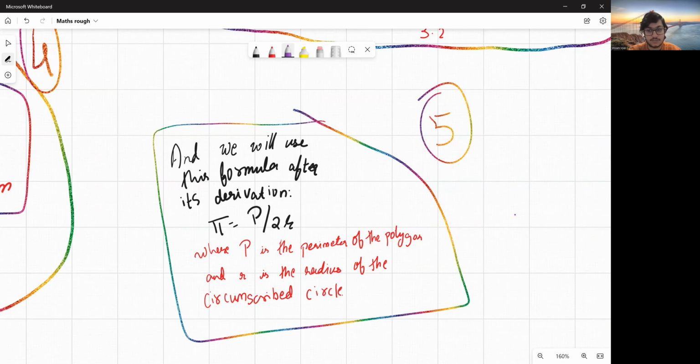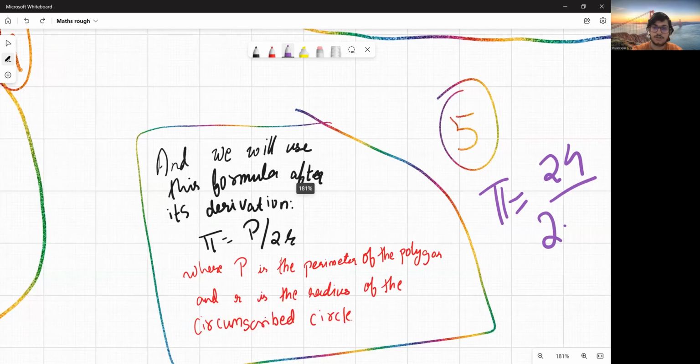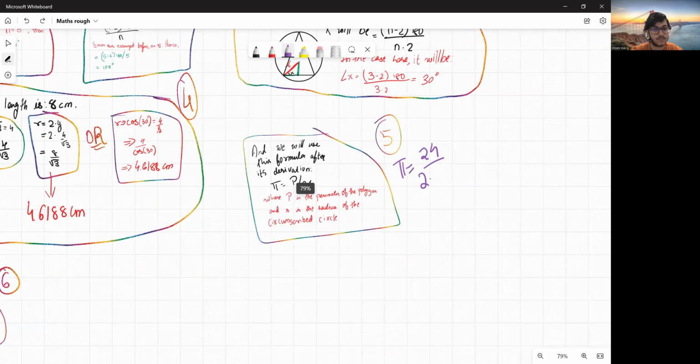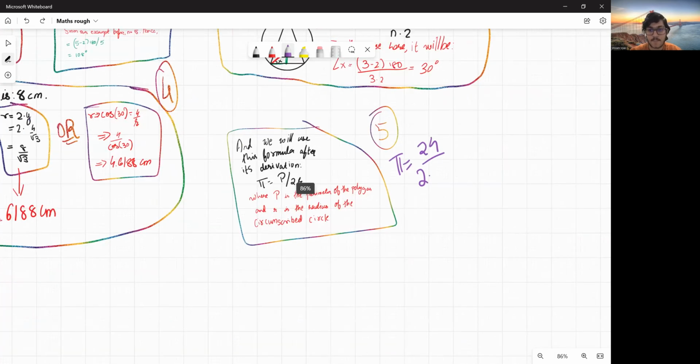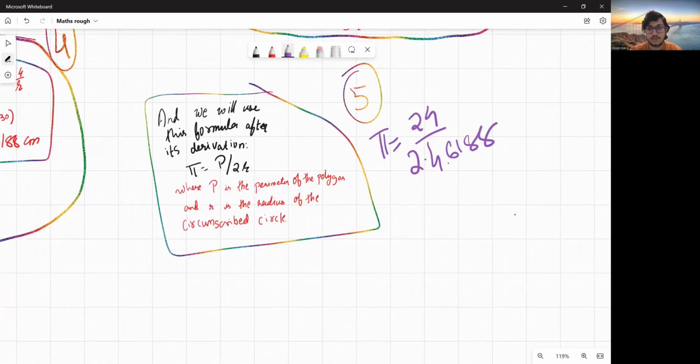So the value of pi is simply going to be pi equals the perimeter we found, 24, over 2 times the radius, which we got as, sorry, what did we get as the radius? 4.6188. So if you evaluate that, it should give you 2.598 something.